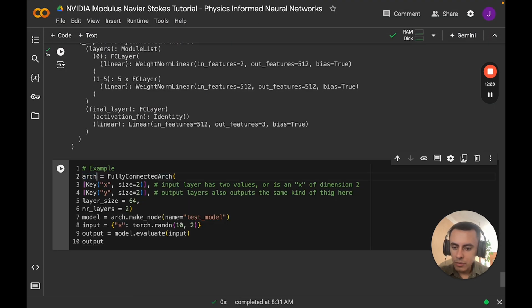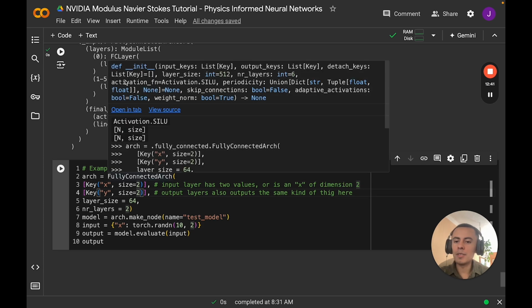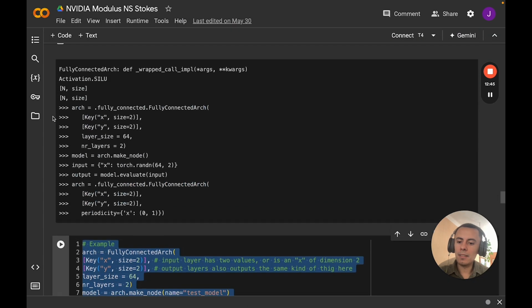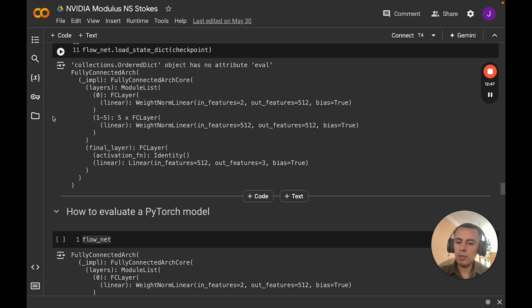So it's architecture equals fully connected architecture, which we did before. In this case, they have an x of dimension 2 and the output is a y of dimension 2. This is not what we really did. What we did before ourselves was different.